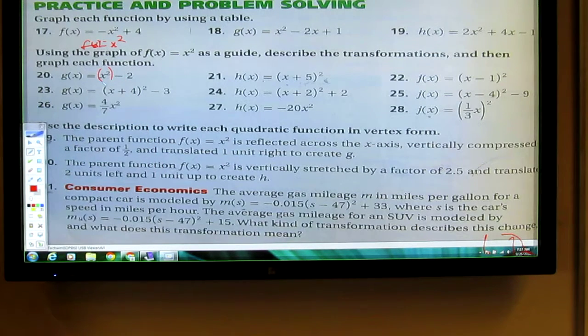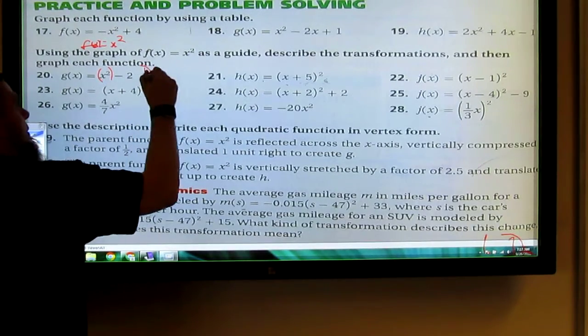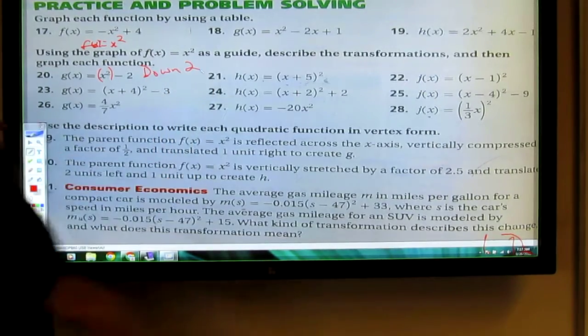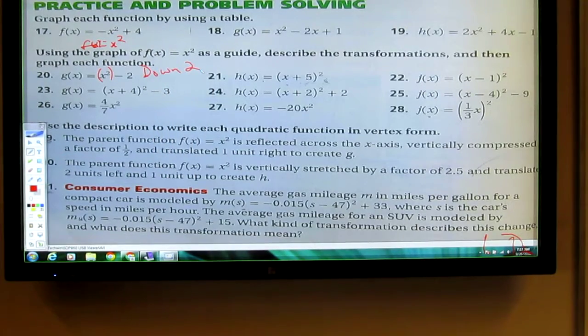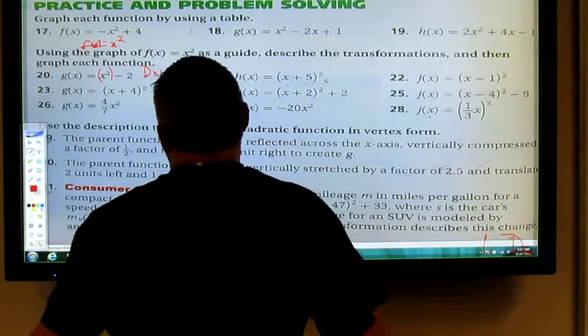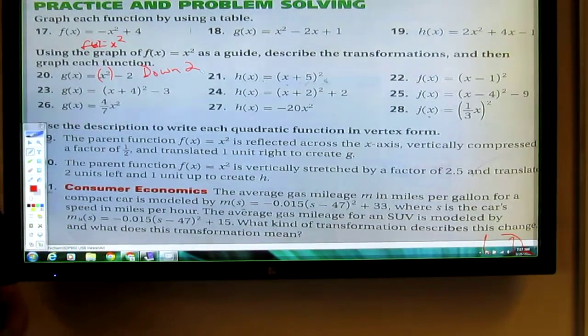If it's outside of the box, then is that vertical or is that horizontal shift? Vertical. Very good. It's f of x minus 2. If it's vertical, minus 2 means down 2, right? That was easy. Was that easy? Okay. Oh, that's 20. We didn't have to do 20. All right. So let's do 21.